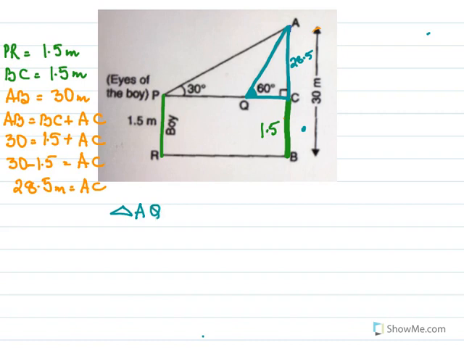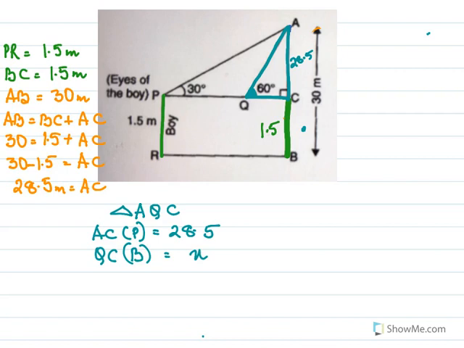So just focus on triangle AQC. AC, which is the perpendicular, is equal to 28.5, and QC is the base.